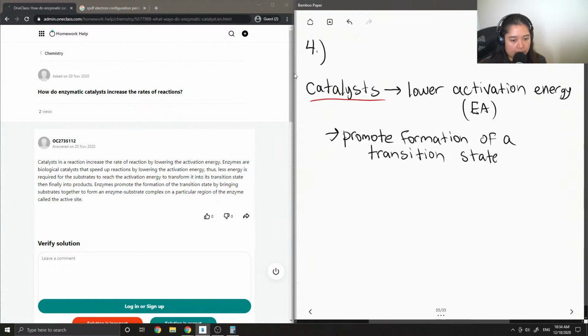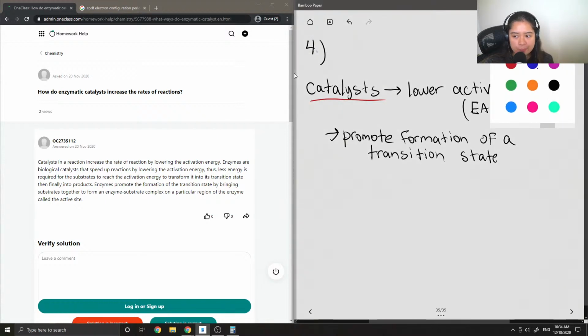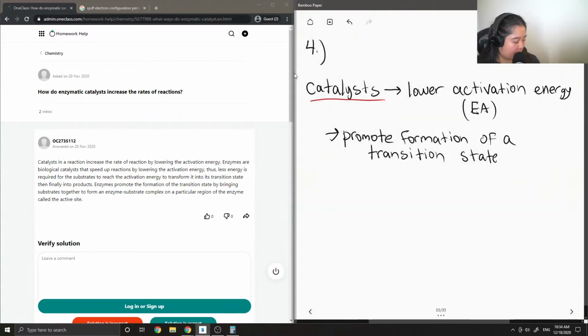Okay, so as you can guess, transition state is pretty much transitioning from your reactant to your product. Okay, so I'm just going to show how catalysts can affect the reaction by drawing a free energy diagram.